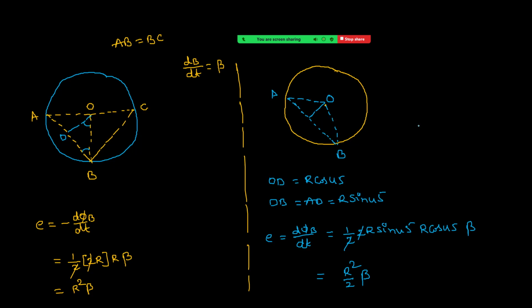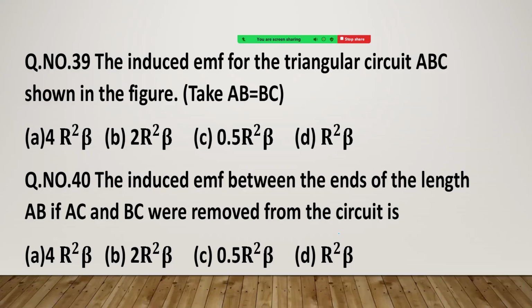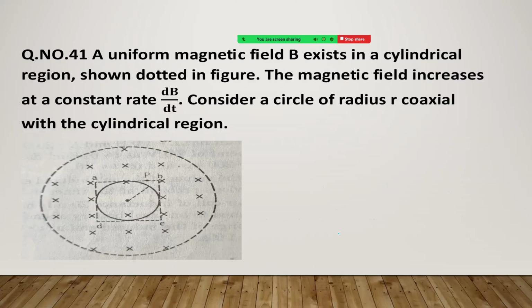That is why the EMF induced across AO and across OB is zero. Therefore, this EMF is nothing but the EMF across AB. So this is the same kind of question we solved earlier. Let us see the next problem.